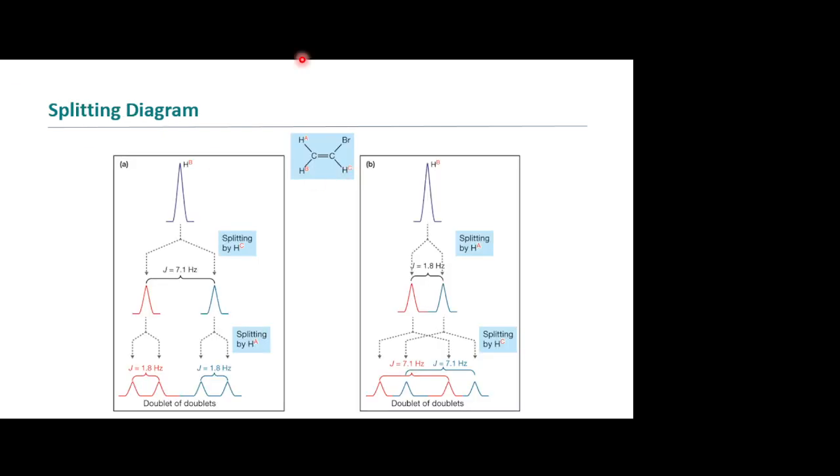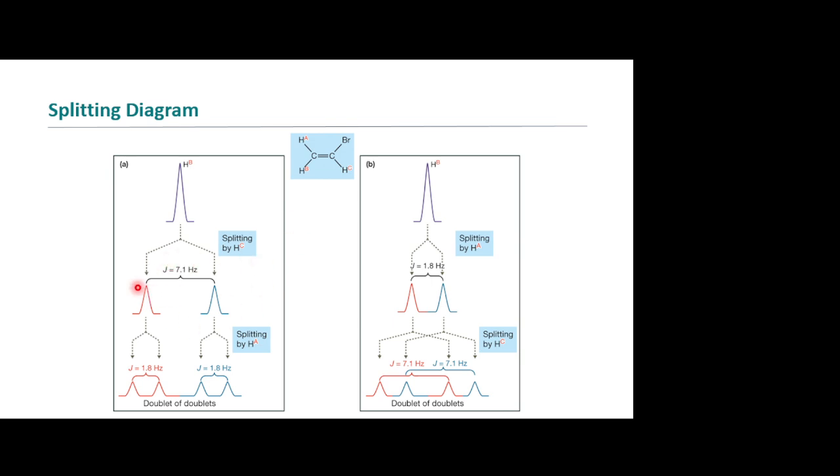Okay, so let's look at that splitting diagram if we were to go ahead and write that out. So here we see the HB right here. And so we do the large one first because that's going to give the majority of our splitting, right? Then we need to center around those 2 large split peaks. Okay, so we split those by 7.1 and they'd be even. They'd have the same heights. Okay?